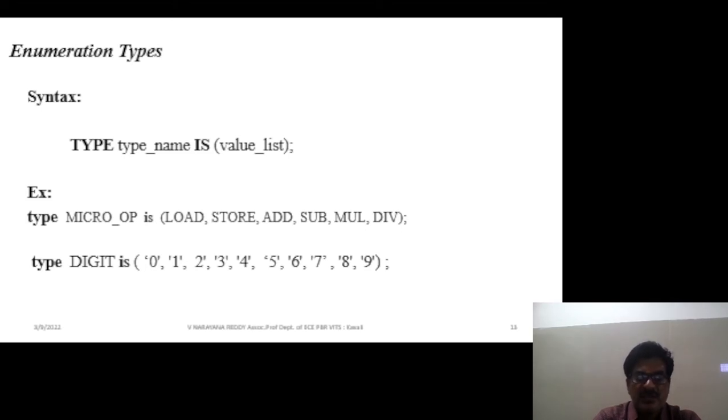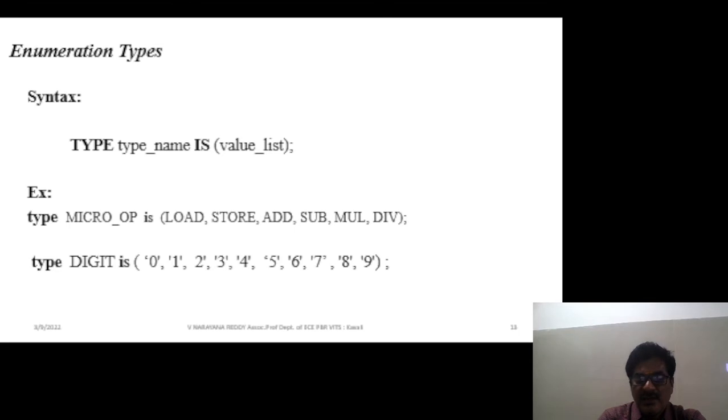So whatever object is declared under this digit data type, whether constant, variable or signal, that object can accept these 10 different digits only. Other than these digits, the object cannot accept. That is the meaning. So that is the enumeration type declaration.